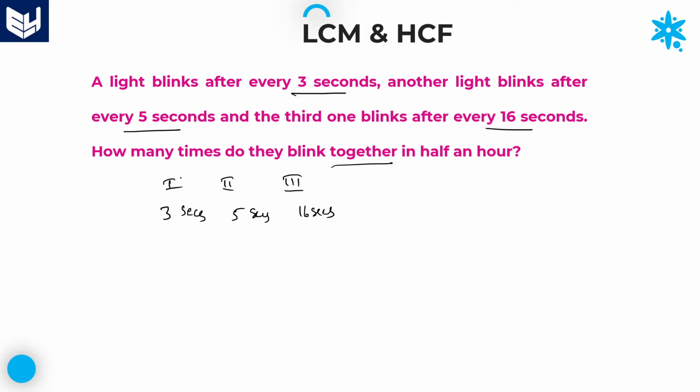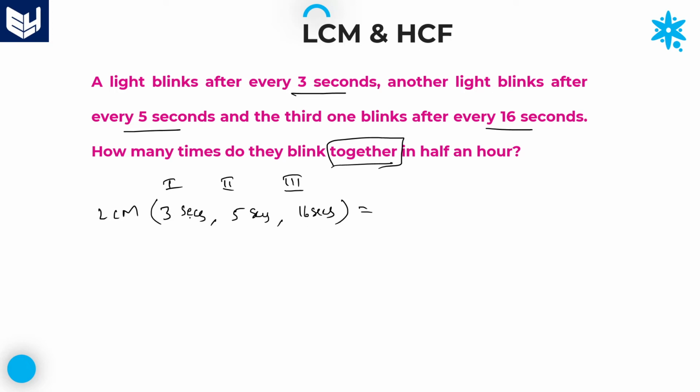It is an application of LCM. Why? Because together means all three lights blink together, that is an application of LCM. All three lights blink together for the first time after how much time? In order to get that value, you need to calculate the LCM of these three values.